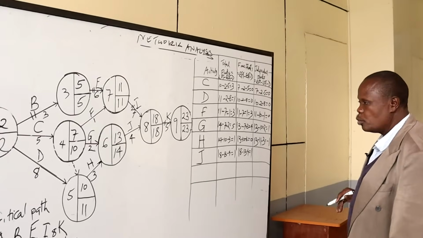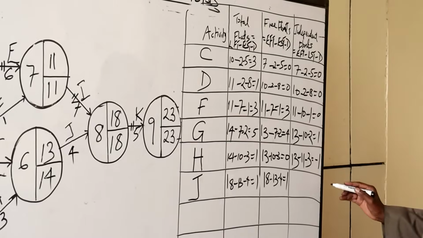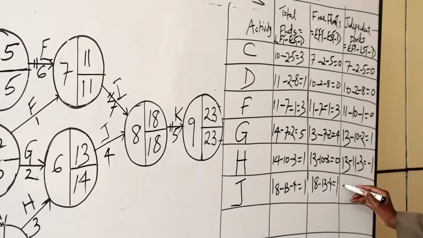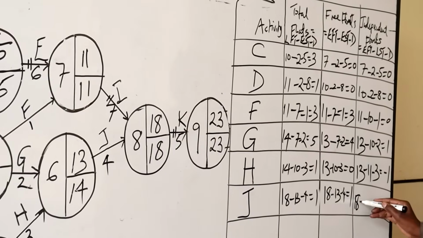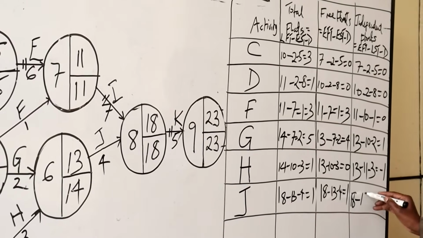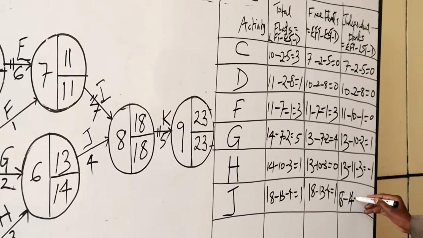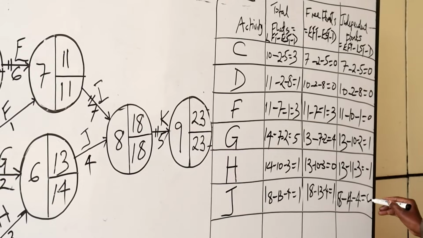So let us move to J. J is 18, that is latest finishing time is 14 for activity J, minus 4, which is 0.